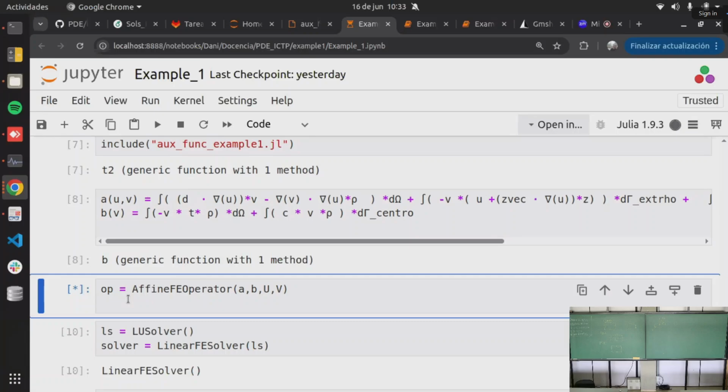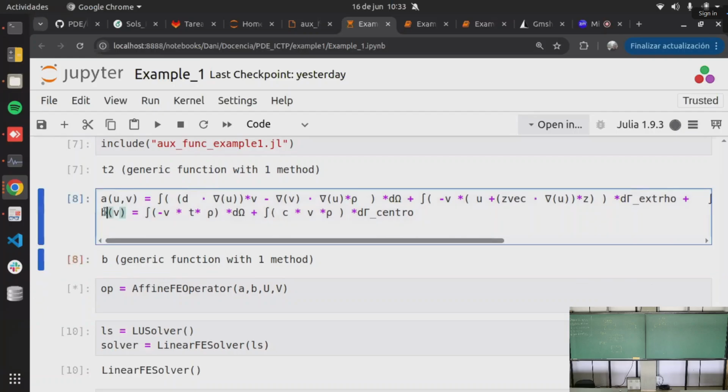We are defining the assemble for the problem here. Remember that B has the information of the terms that has an information of f, or the unknown function.